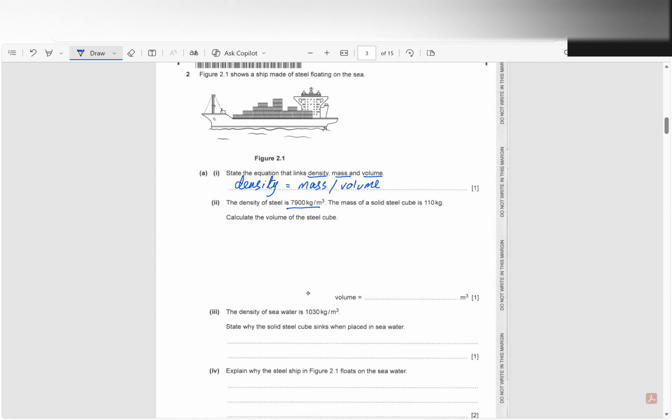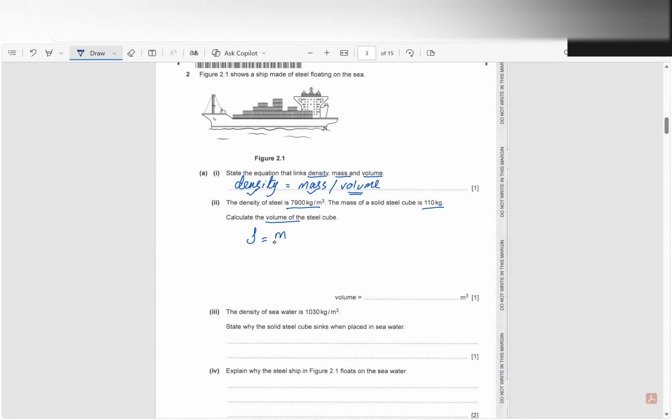The mass of a solid steel cube is 110 kg. Calculate the volume. We do not have volume. We have mass and we have density. Just use the formula.